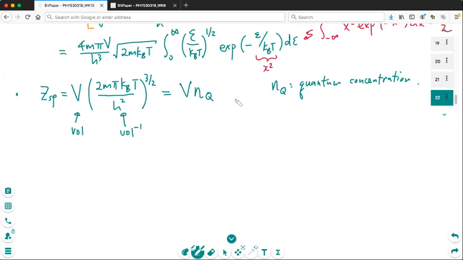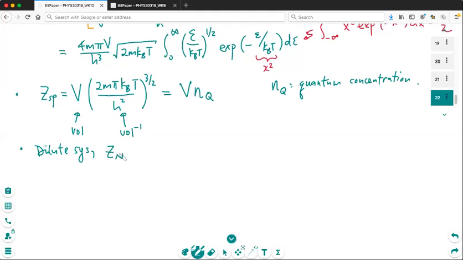Okay, so the point is this. We have been looking at the system which is dilute. We keep saying dilute, dilute, dilute. But now if it's dilute and you do it properly, for a dilute system, we know we can write it like this.